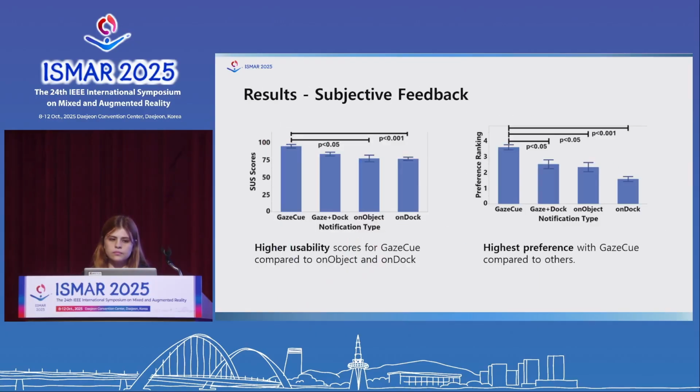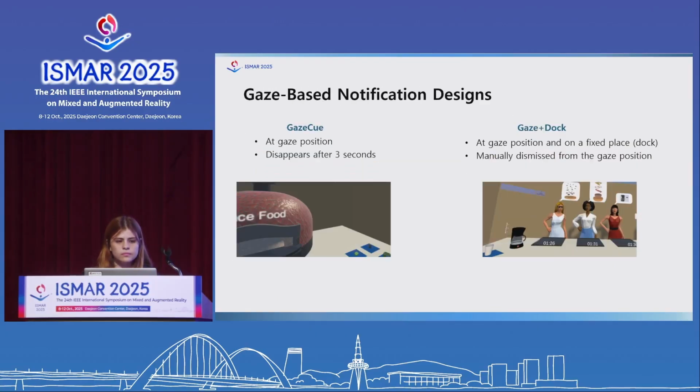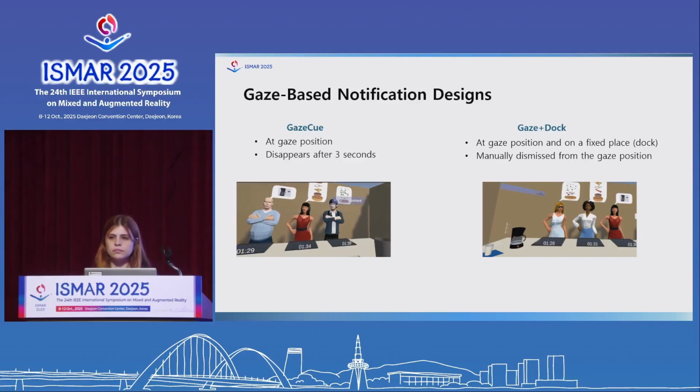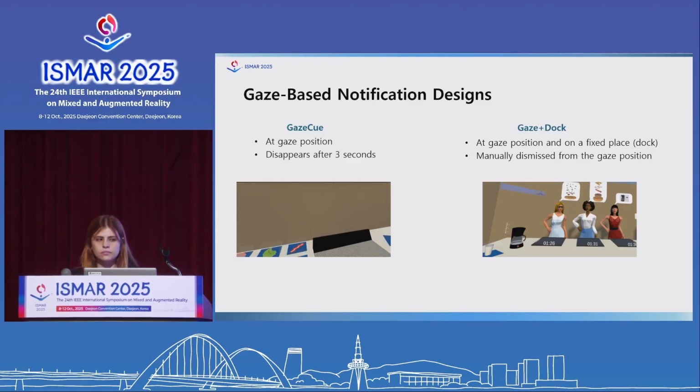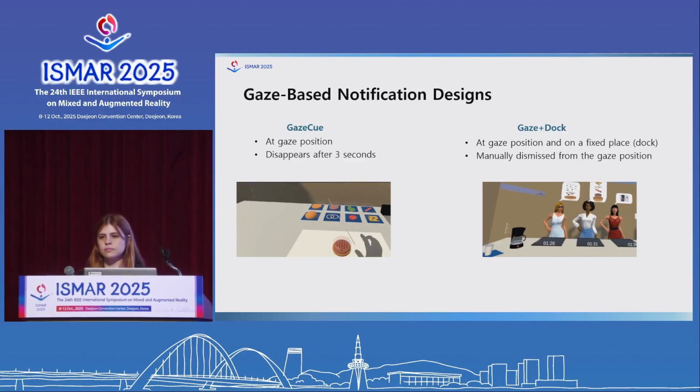Because I know there is a previous work which puts information a little bit offset from the gaze ray, so that it follows the gaze, but it does not occlude the information that the person is looking at, and then the saccade onto the information would fixate it within the head reference frame. So did you implement it this way, or was it aligned exactly with the line of sight?